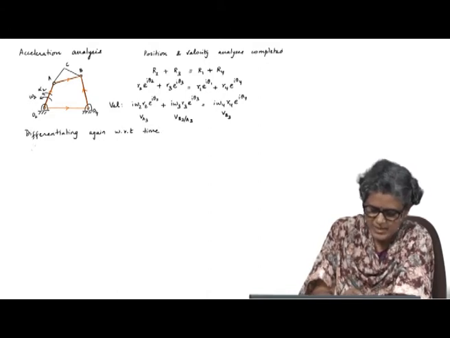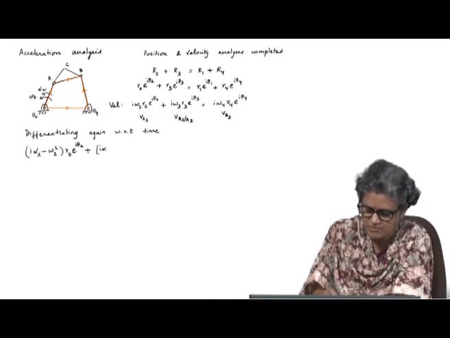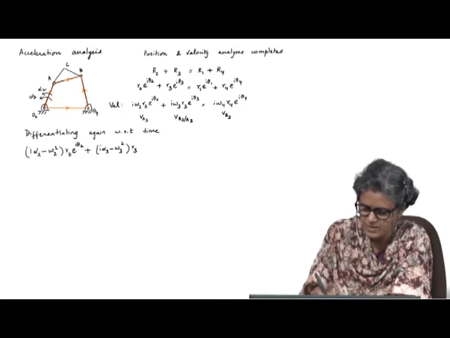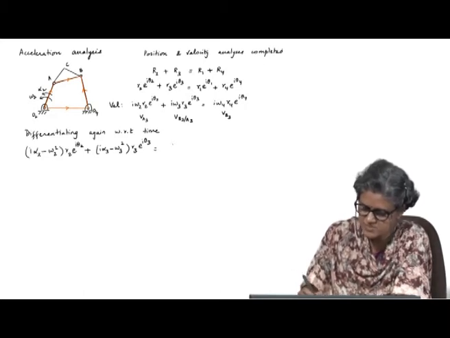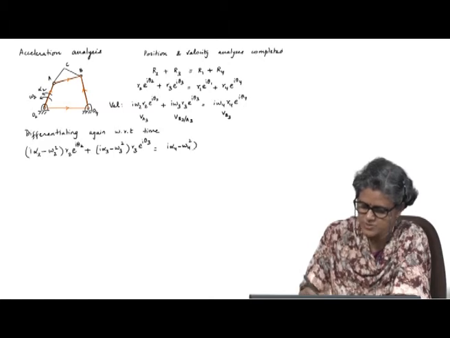And we saw we get i alpha 2 minus omega 2 square R2 e power i theta 2 plus i alpha 3 minus omega 3 square R3 e power i theta 3, because if I differentiate each of these terms, where alphas are basically d omega by dt, equal to i alpha 4 minus omega 4 square R4 e power i theta 4.